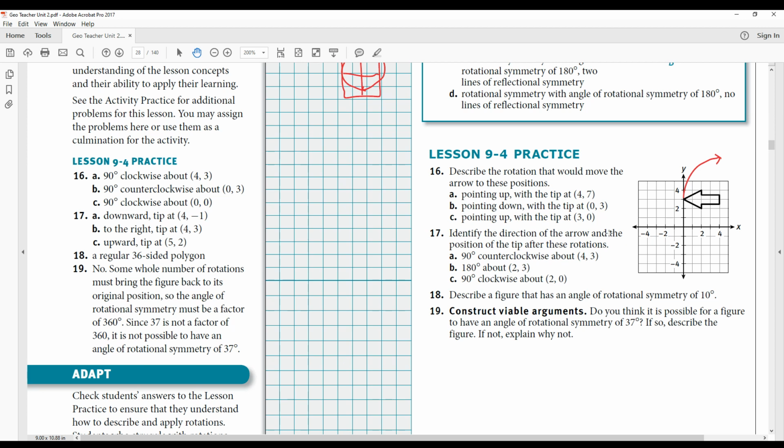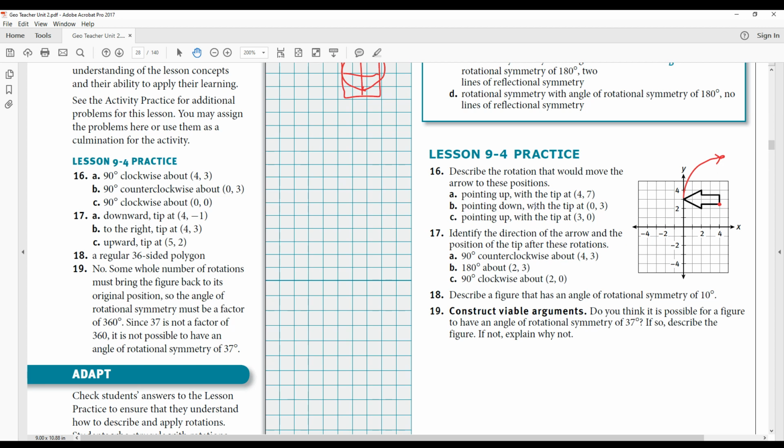Okay, so 90 degrees because it is pointing left and they want it to point up 90 degrees. And it says clockwise about the point 4, 3. So the point 4, 3 is that one right there. So that will be your point of rotation. Leave that alone. When you rotate that, you'll be at 3 and then you'll go 4, 5, 6, 7. So that'll be pointing up here at 7.